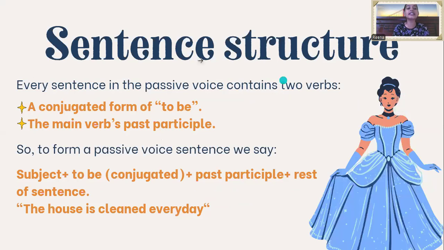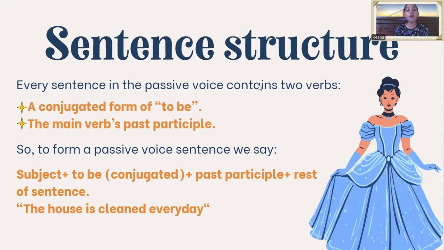So let's learn the sentence structure now, because sentence structure is quite an important thing in this. Just like when you learn the tenses, you learn how you're going to form the type of tense, that's how I'm going to show you how you can form a sentence in a passive way and an active way.